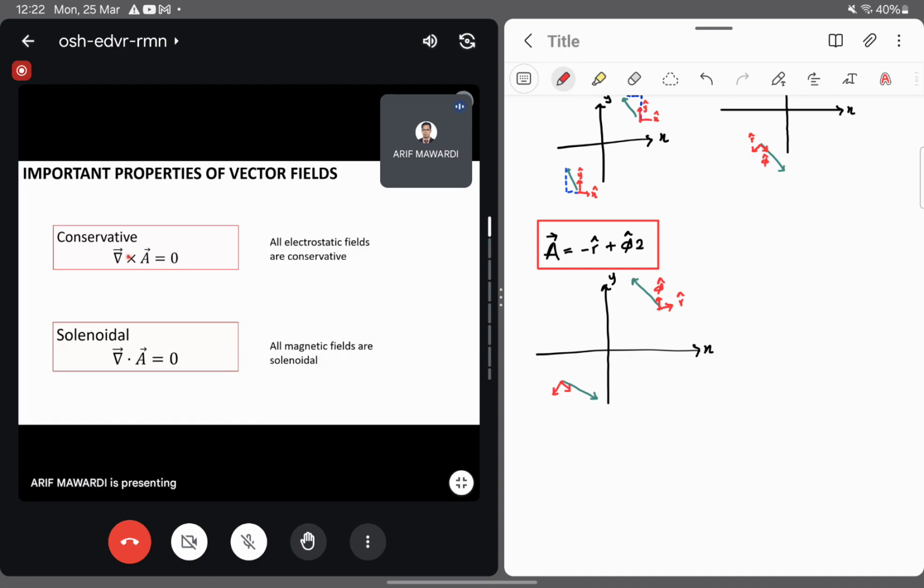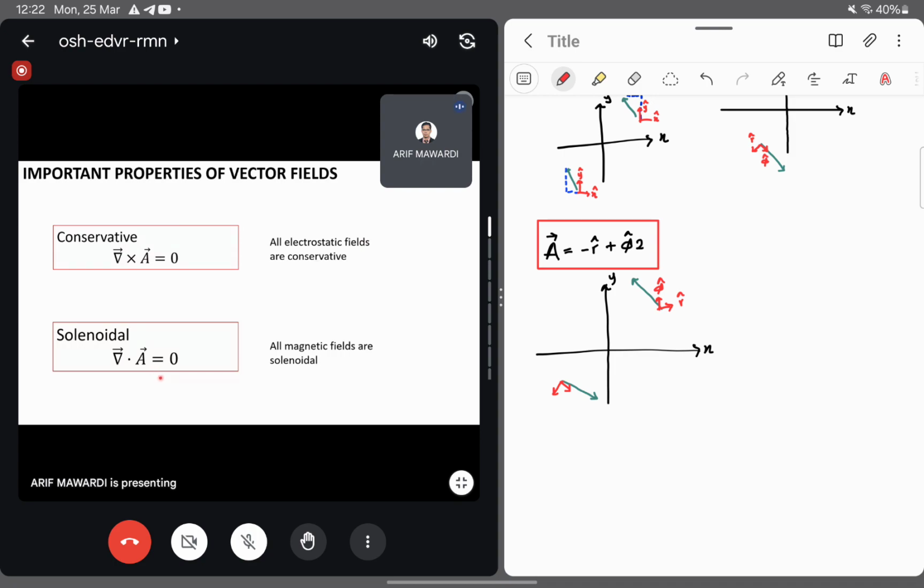So the curl of any electrostatic field that exists in this universe is equal to 0, meaning that all electrostatic fields are conservative.